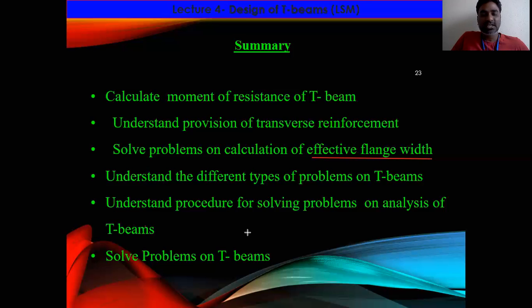If it is less than or equal to xu max, then use the calculated moment of resistance based upon the formulas, right? If it is greater than xu max, then you need to restrict your xu equal to xu max and replace the same xu values with xu max, then determine the moment of resistance. This is the case if Df by d is less than or equal to 0.2.